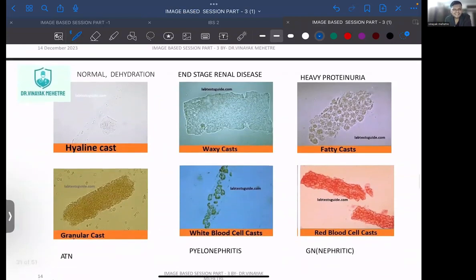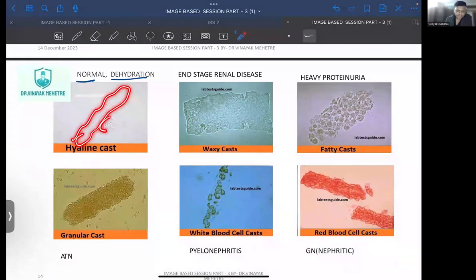Then comes the cast, right? Normal or in dehydration we will see hyaline cast, which will be more like a transparent cast. Waxy cast will be seen in end stage renal disease, that is ESRD, right? In proteinuria, what is happening?